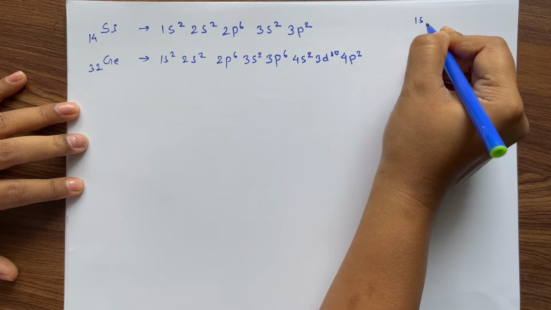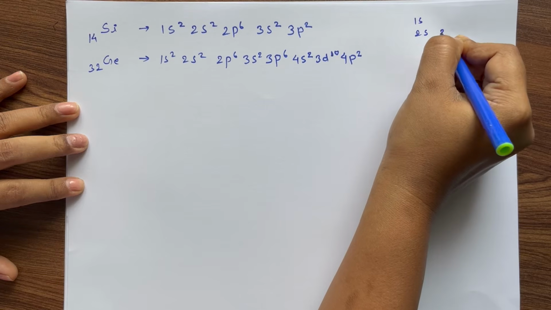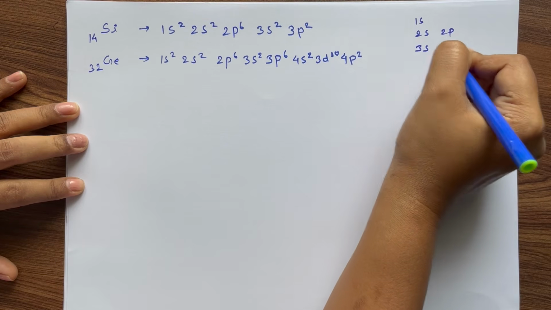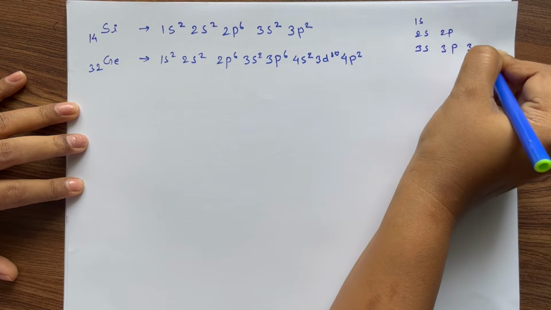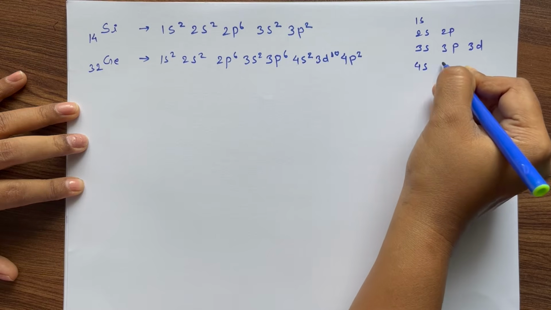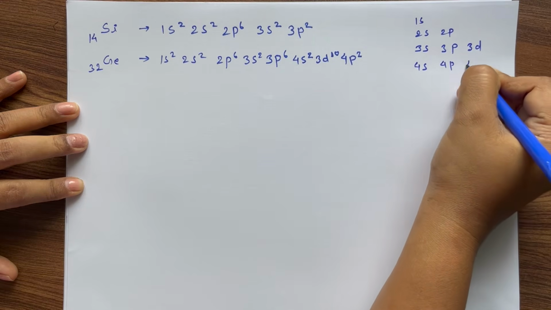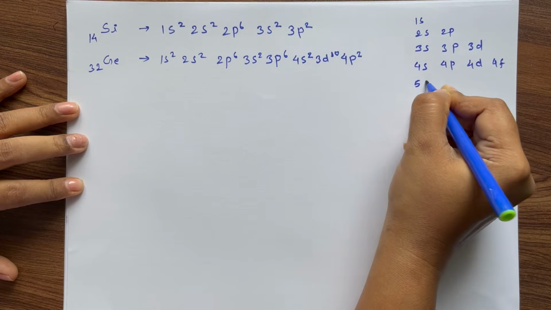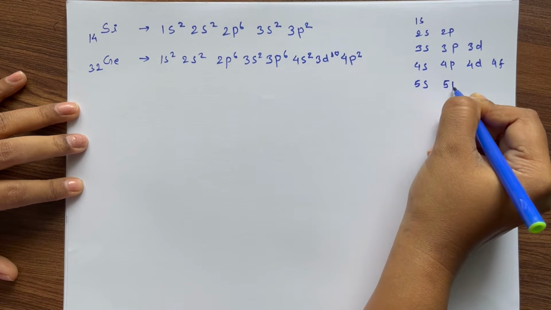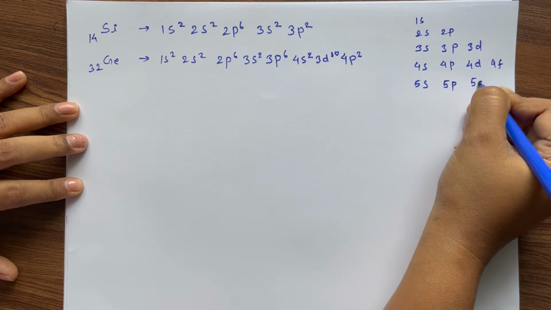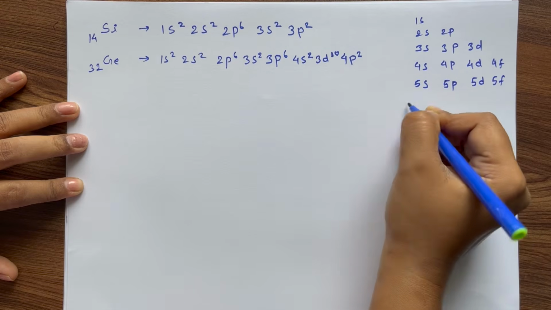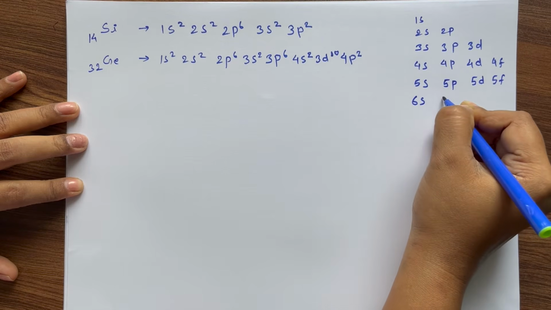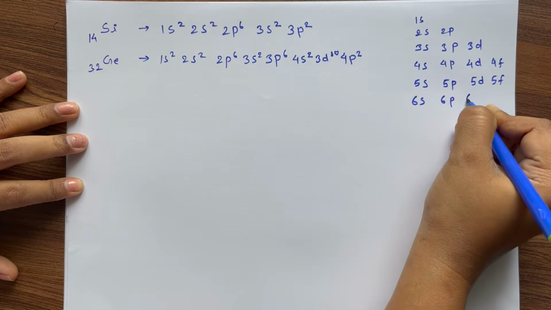Suppose this is 1s, 2s, 2p, 3s, 3p, 3d, 4s, 4p, 4d, 4f, 5s, 5p, 5d, 5f, 6s, 6p, 6d, like that.